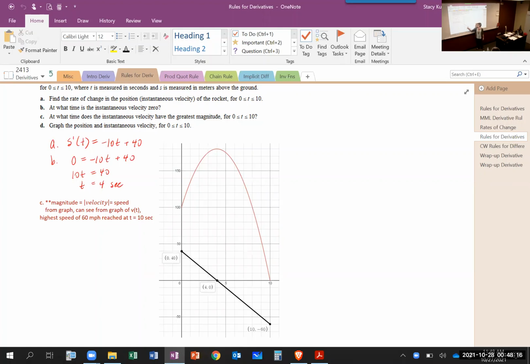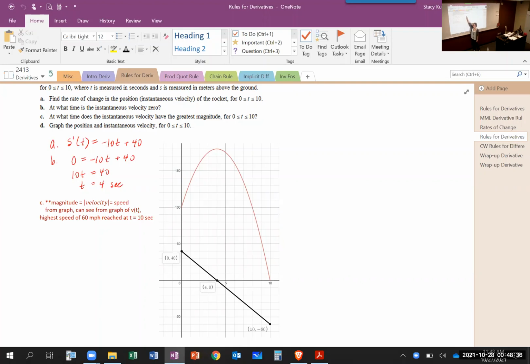Notice what's happening here on the derivative. That's an x-intercept. That's the connection I want y'all to make, right? So on this portion of the rocket's trajectory, it is increasing. The derivative itself is just positive, right?